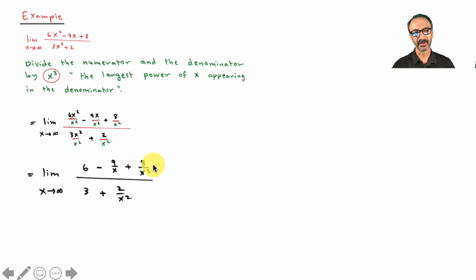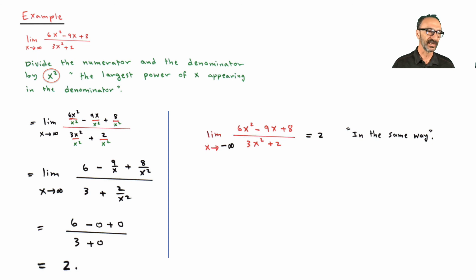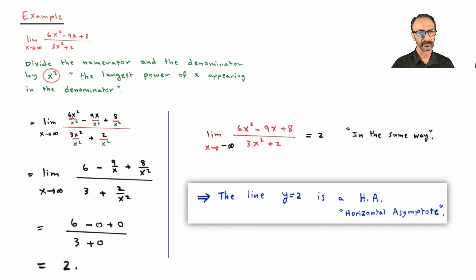Everything goes to 0 here except these two, and that comes from here. Keep that in mind. And that's the answer. Now, going to negative infinity, same style, same. So I'm skipping the steps. So the line y equals 2 is a horizontal line, a horizontal asymptote, I mean.